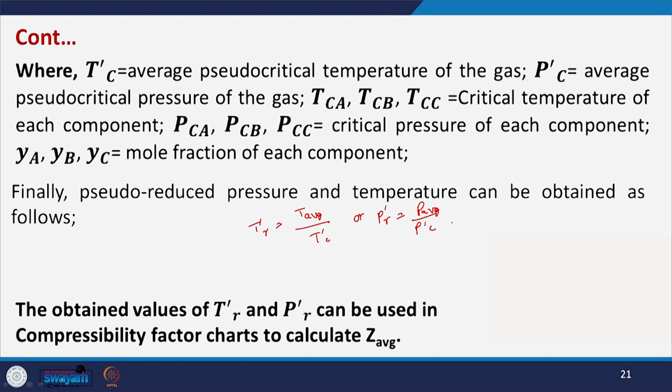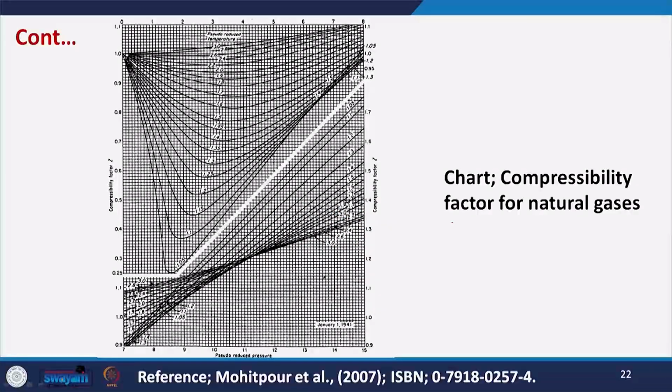To obtain the values of T'r and P'r, they can be used in the compressibility factor chart to calculate Z average. This is the compressibility factor chart for natural gas, where this is the compressibility factor and this is the pseudo reduced pressure. So by substituting the values, you can get the values of either Z or pseudo reduced pressure, whatever is required.